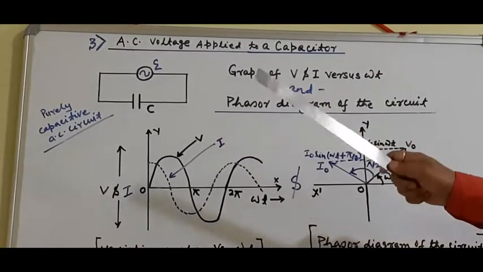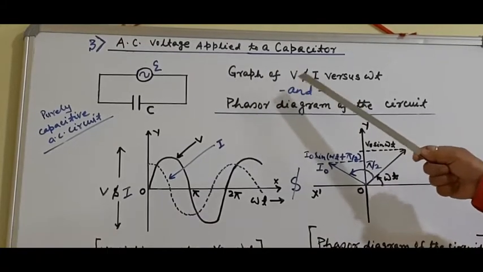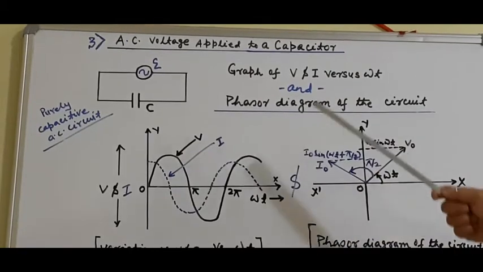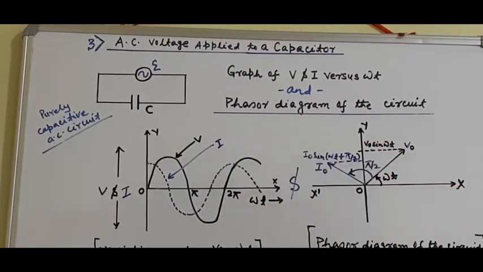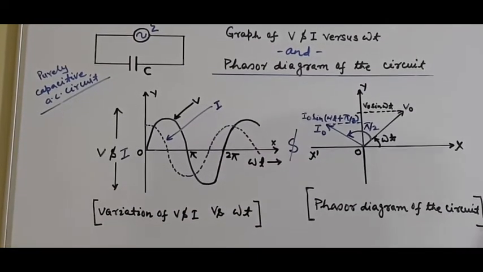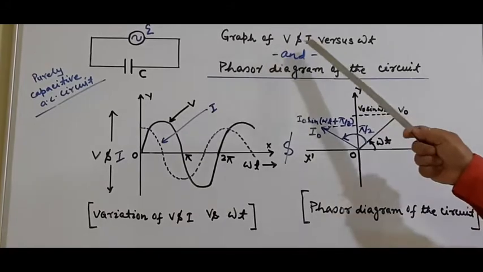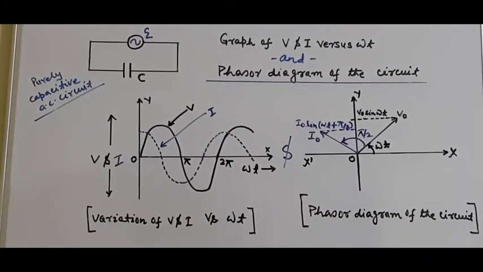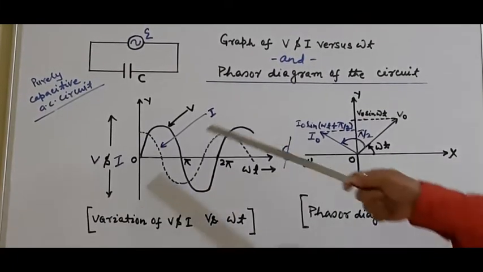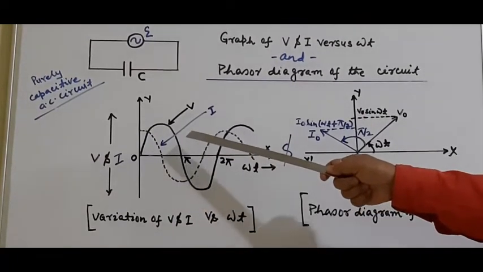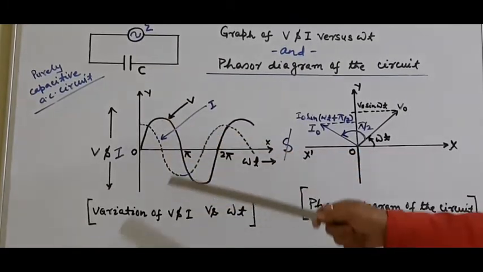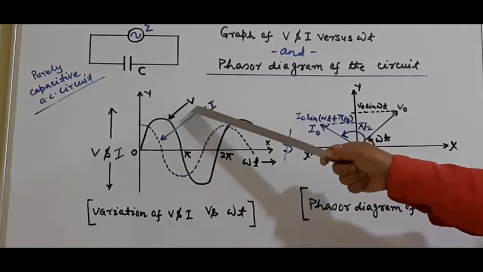Now we will draw the graph of alternating voltage and current versus omega t for this circuit, and the phasor diagram for this circuit. Here the graph is drawn. Students, from the expressions of instantaneous voltage and current, we have seen that the current leads the voltage by phase angle pi by 2. Look at this graph: the current attains its maximum value a quarter of a cycle earlier than the voltage.